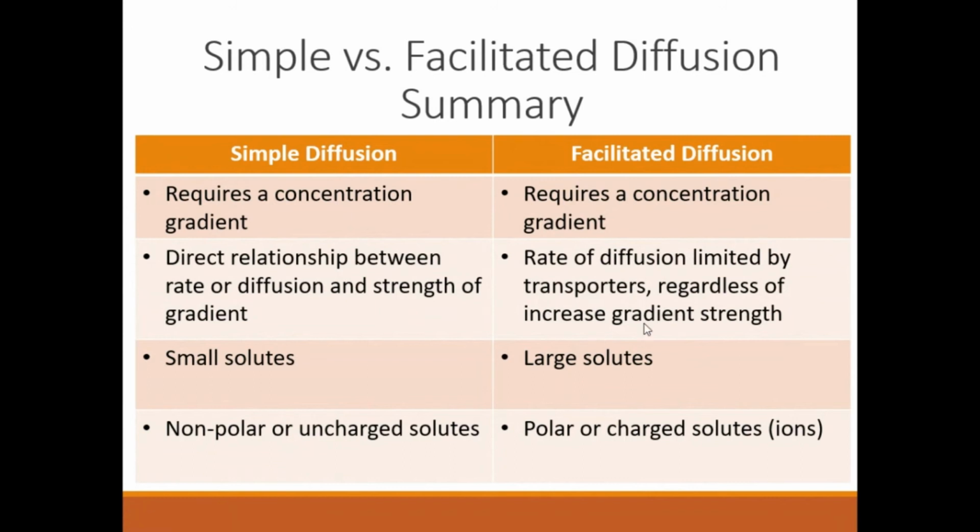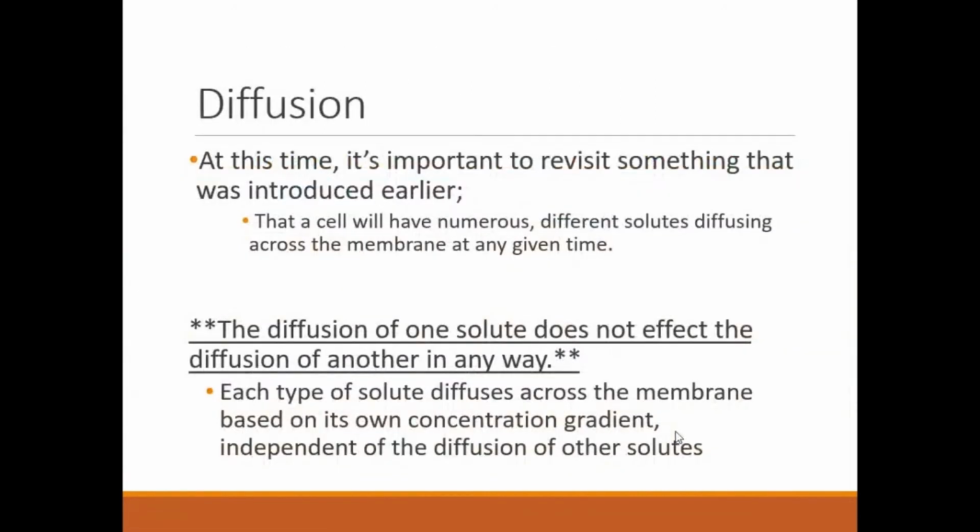Every protein carrier has a maximum rate at which it can operate. And for simple diffusion, if a solute is going to utilize it, it has to check 2 boxes. It's got to be small, and it's got to be nonpolar or uncharged. If we don't check both of those boxes, then it automatically becomes a situation for facilitated diffusion.